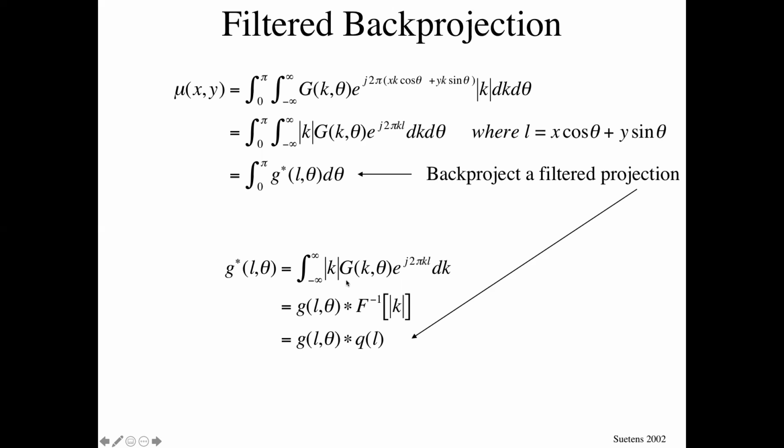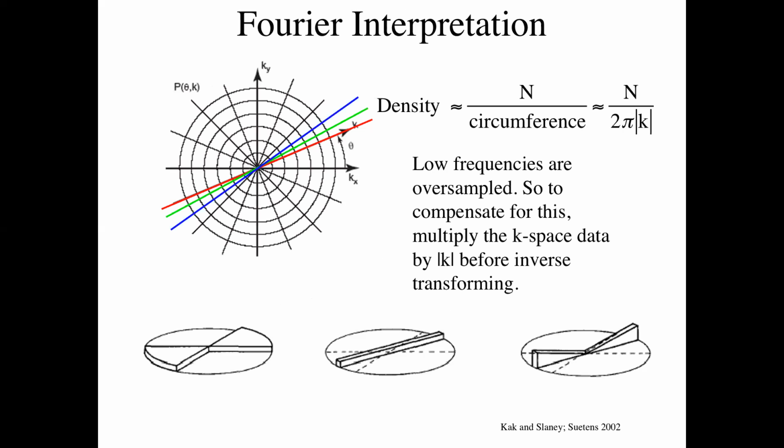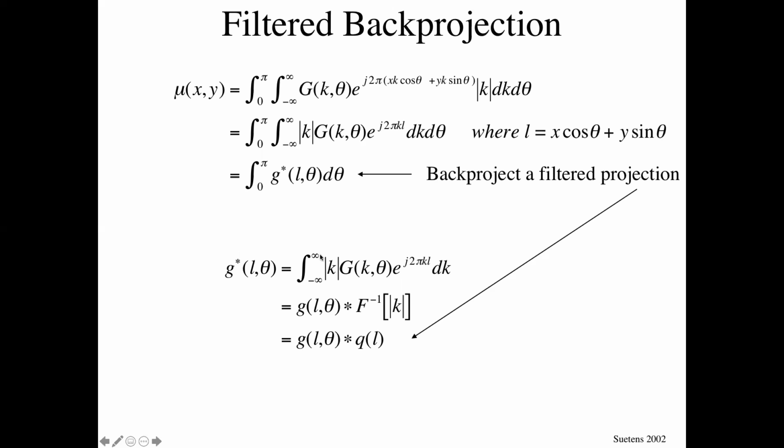The other way of looking at it, through the convolution theorem, is that you can perform this operation by using the original projection and convolving it with the inverse Fourier transform of k, if you want to do it in the spatial domain. Because the inverse Fourier transform of the product of two functions is equivalent to the inverse Fourier transform of both those functions convolved with each other in the spatial domain.